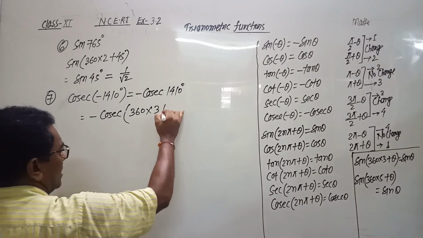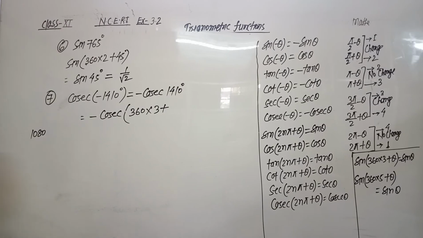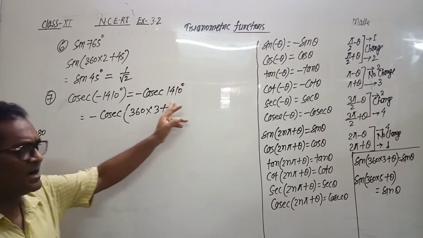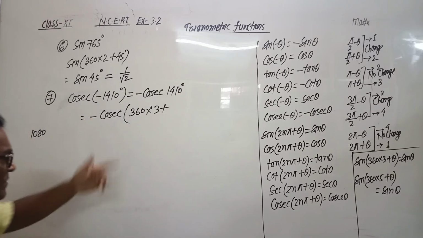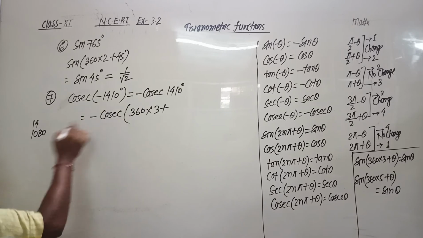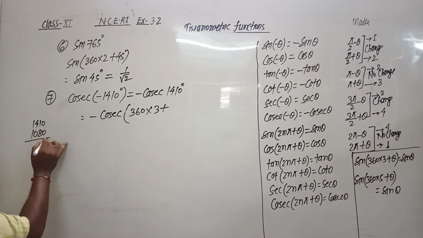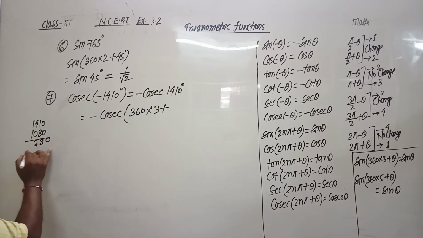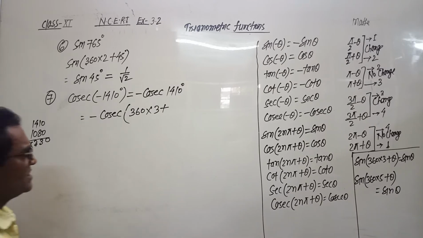Then what do we have to add in 1080 to get 1410? This will be calculated by subtracting 1080 from the given value 1410. So we get 330 degree.